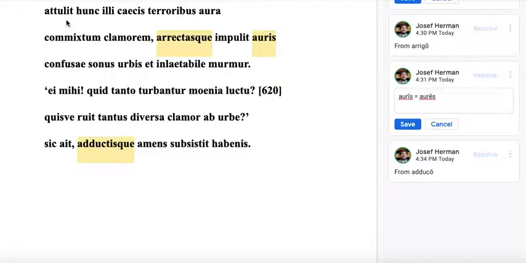Okay, so the breeze brought to him this shout mixed with, and here's our ablative that tells us what it was mixed with. It was mixed with caecis terroribus, with unknown terrors. So caecis means unknown, terroribus, of course, means terrors. Okay.